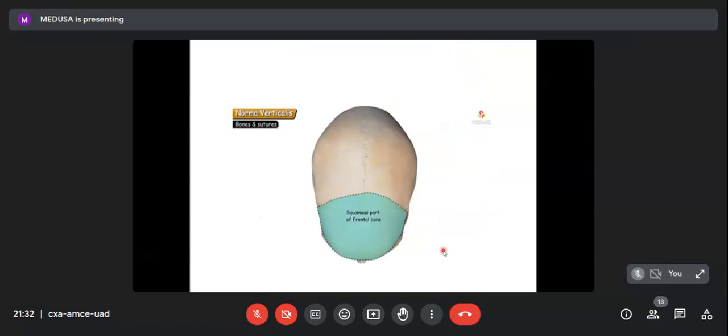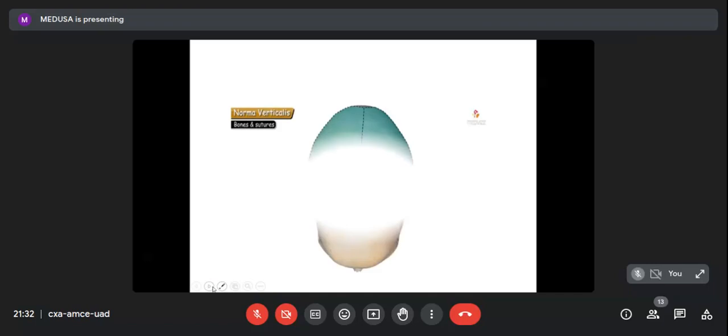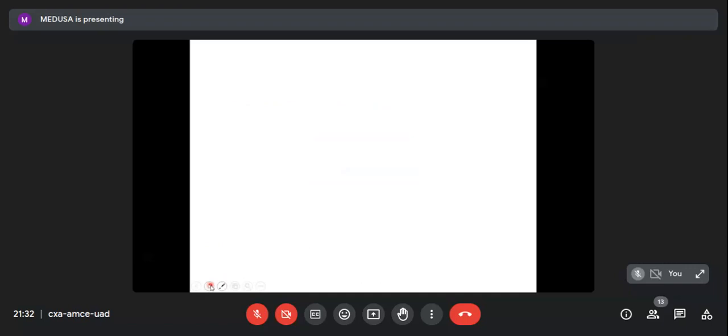From there, as I said, we have the squamous part of the frontal bone, you can see. Okay, and then we're going to have those two parietal bones. So from the frontal bone, I've just displayed the parietal bones, which are paired there. There's one here and the other one there.